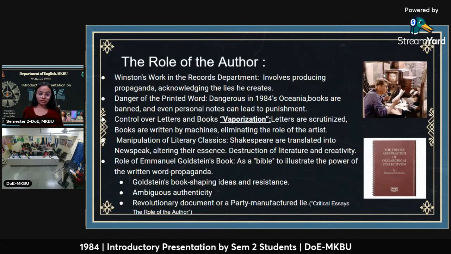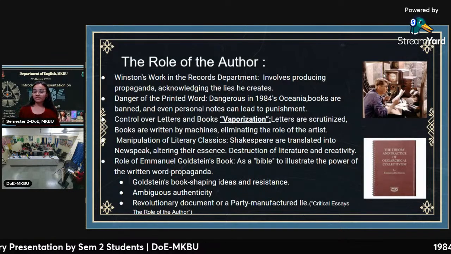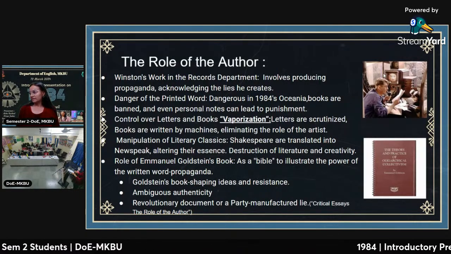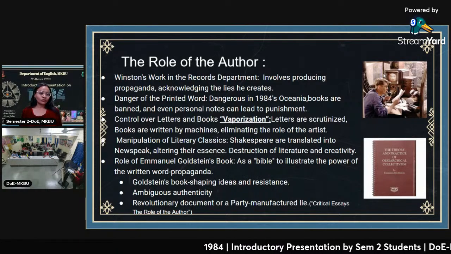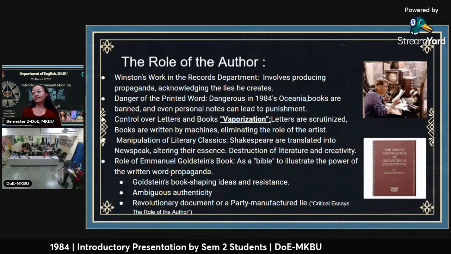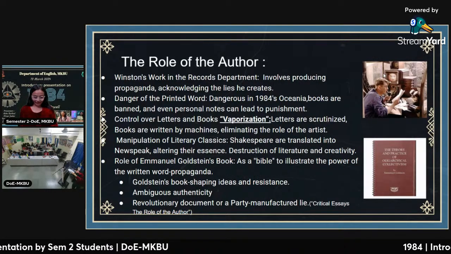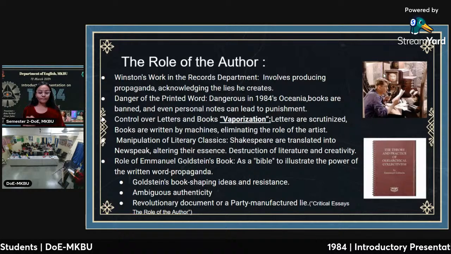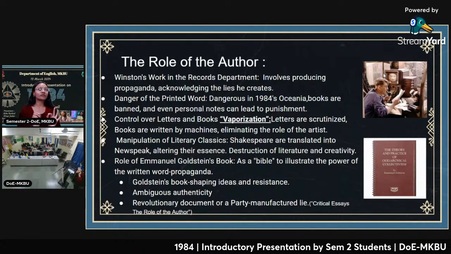Also another important, most important book is The Theory and Practice of Oligarchical Collectivism. It is considered the Bible of the Orwellian society. In this book, there are the rules and regulations of the party. If you compare it with real life examples, there is Mein Kampf, or My Struggle, by Adolf Hitler.